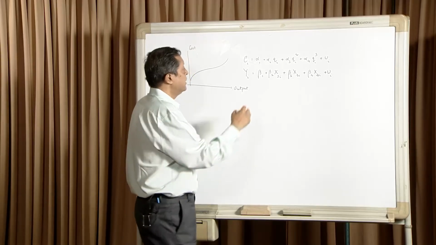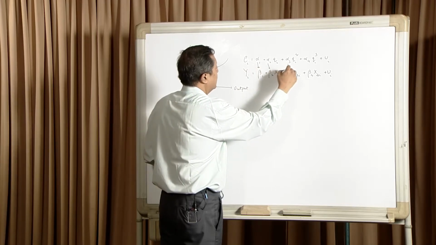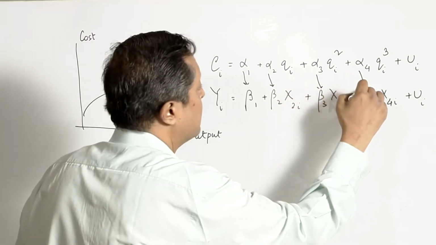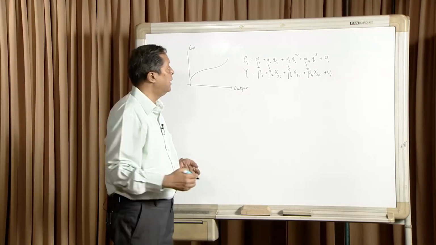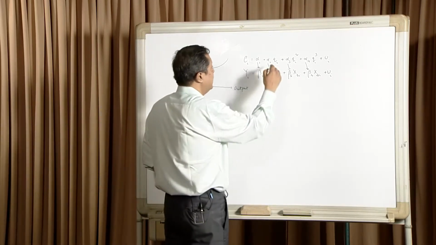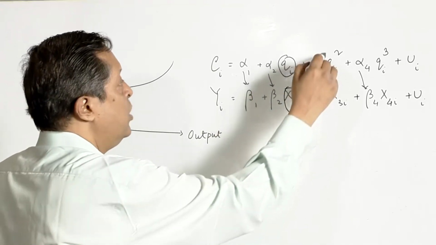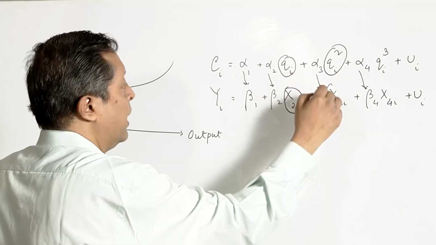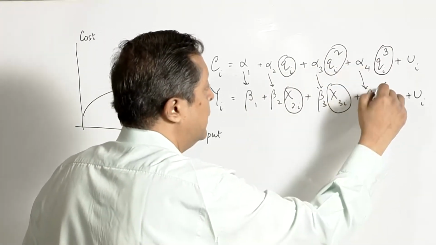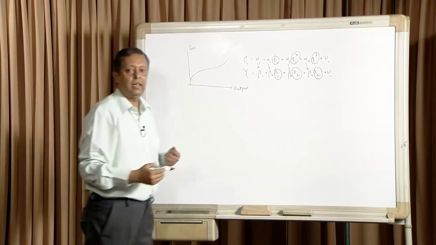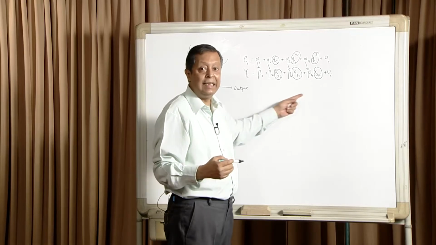So, these alpha parameters are now shown as beta parameters. We could have also written alpha, it would not have made any difference, but the important point is Qi has become x2i, Qi square has become another variable x3i, and Qi cube has become the third variable x4i. So, that retains the character of linearity.